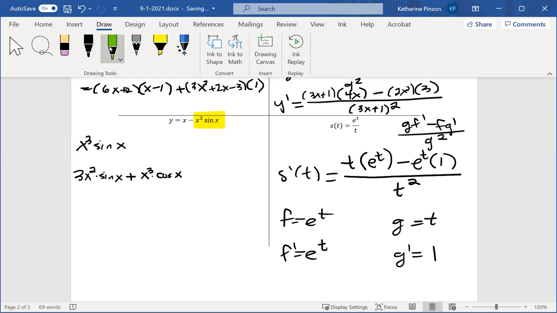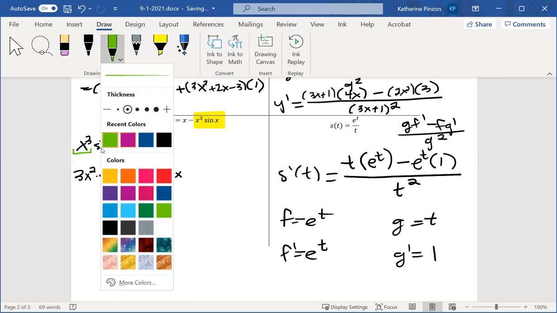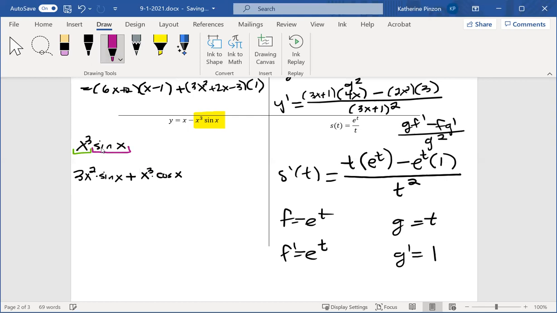So my first function f was x cubed. My second function g was sine of x. I did f prime g plus f g prime. Okay, that's going to go in for the derivative of that yellow stuff.